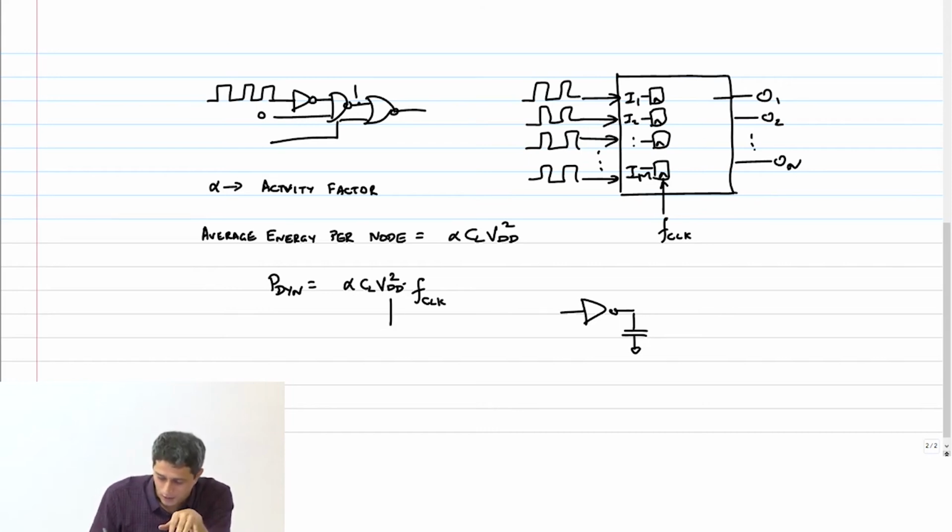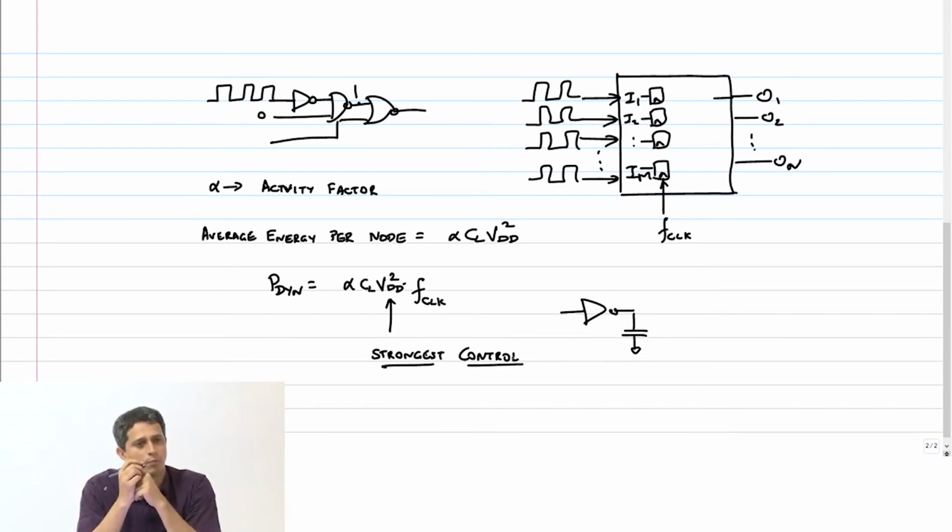Clearly, VDD dependence being quadratic is the strongest way in which you can control dynamic power. If you drop VDD by half, your dynamic power will drop by 1/4, right? This is the strongest control of dynamic power.